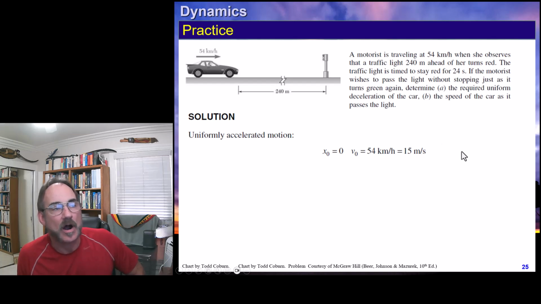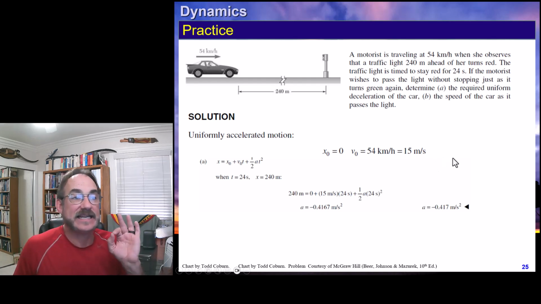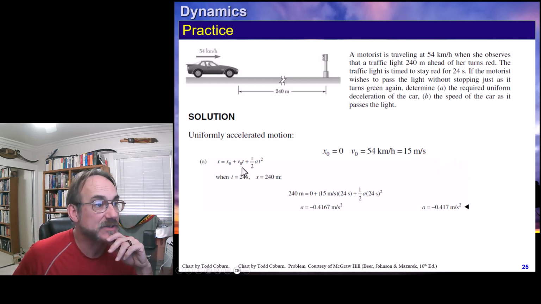We also know the distance that we're going to go, right? So we can use this equation, x, which we know is 240, xo, which is 0, vo, which is 54, and we know time for both of these is 24. All that's left to know is a. We just solve for a, and we've got it.